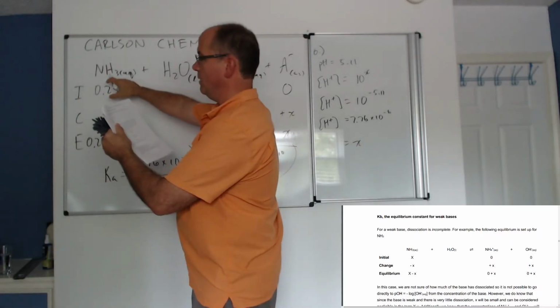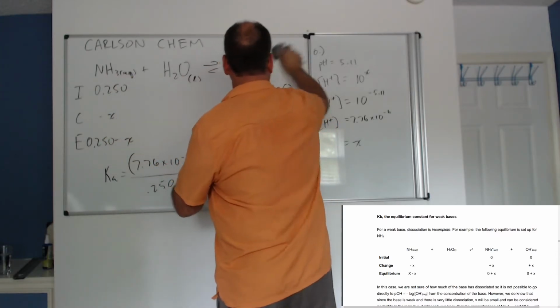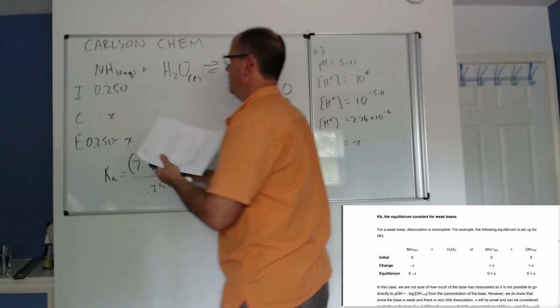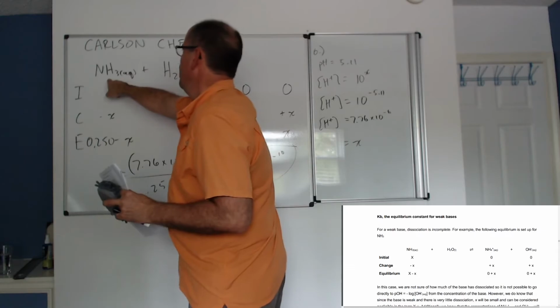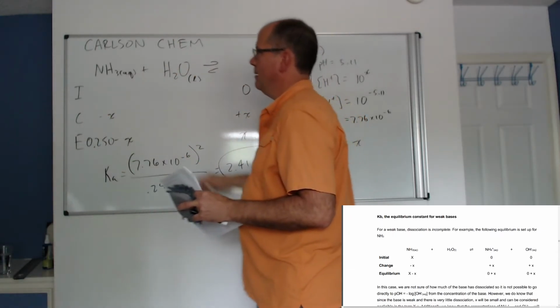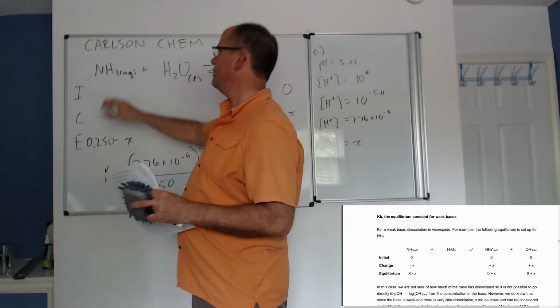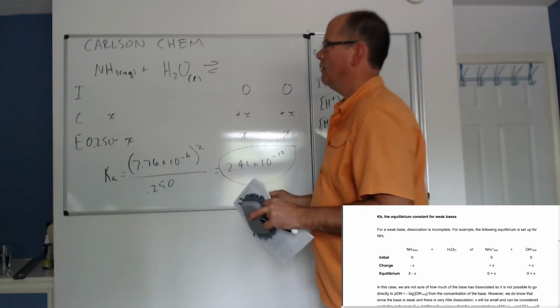So this is ammonia, NH3 in the water. If you memorize that ammonia is a base, NH3 is a base, it's a weak base. We'll talk again about what's weak and what's strong tomorrow.